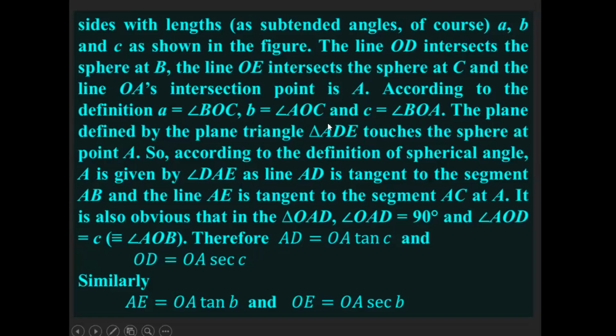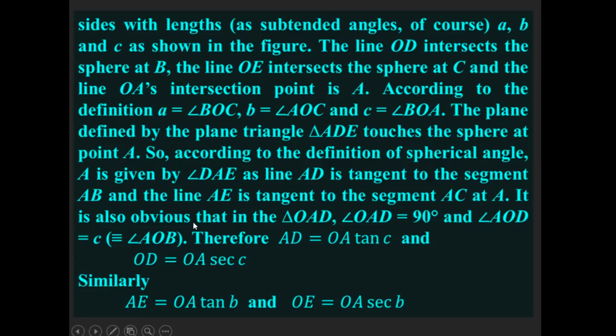These are the three sides of the spherical triangle. Now, the plane defined by this triangle, that is ADE, is touching this sphere at the point A. According to the definition of spherical angle, AD is the tangent to the segment.